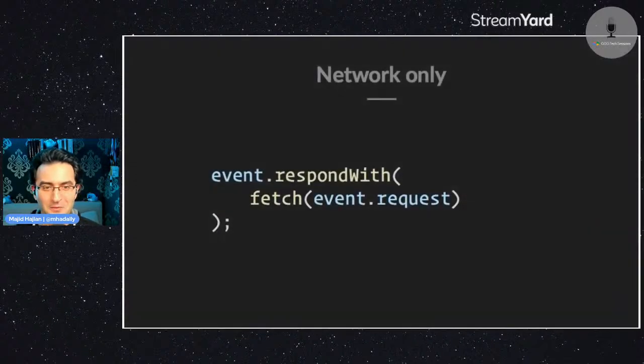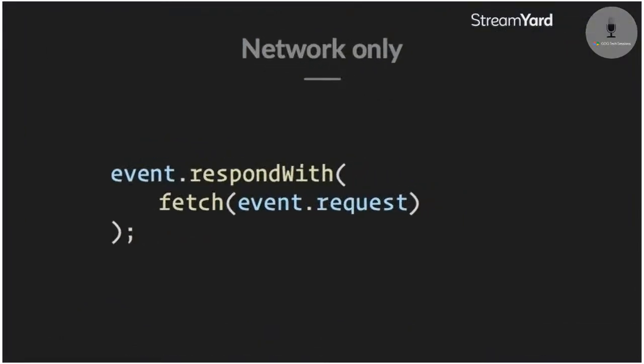That's very simple. But you also have another strategy, which is network only. For example, you can say, hey, I always want this request to go to the network. So you can actually return with fetch again. Network only, I don't need cache for this, I want fresh data.